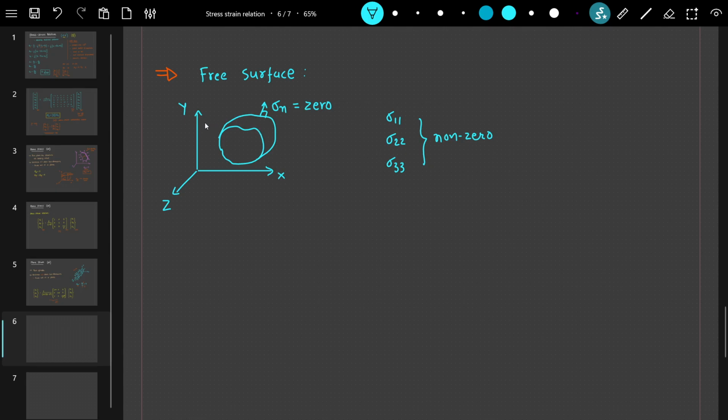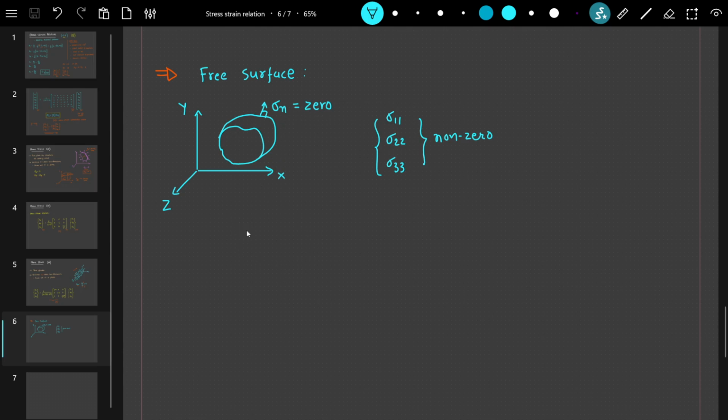It is not always oriented in the z direction or y direction, and therefore on the surface you will see all three stress components. But if we create a local coordinate system where one of the axes is normal to the surface and then report the stress, it will always be 0.